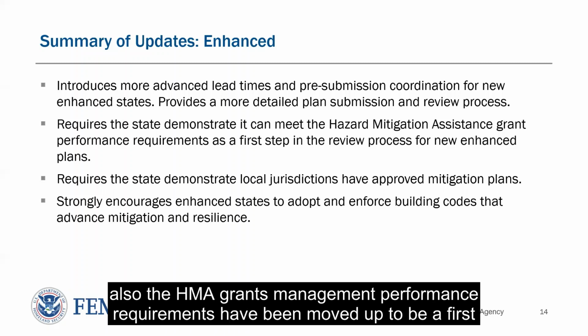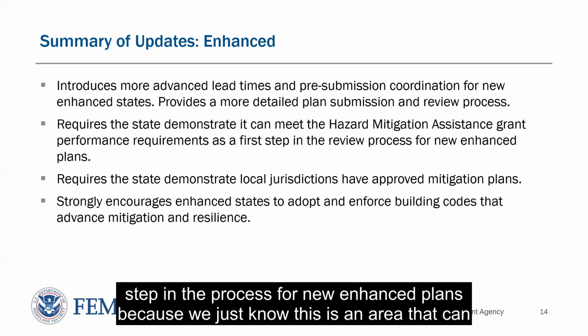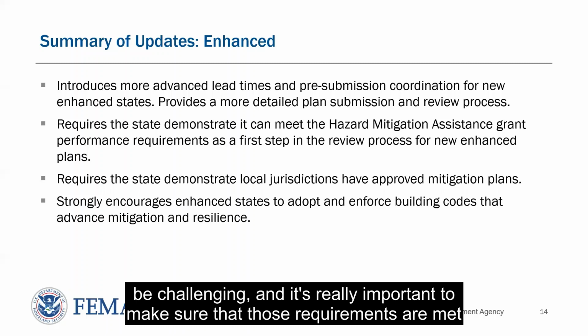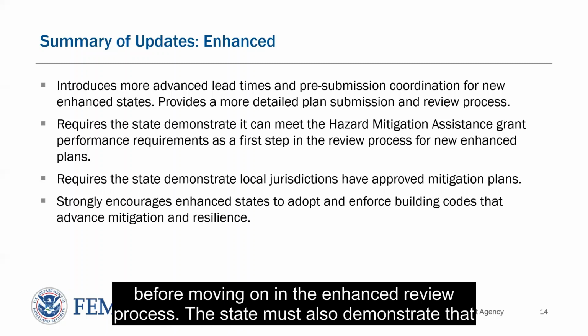Also, the HMA grants performance requirements have been moved up to be a first step in the process for new enhanced plans, because we know this is an area that can be challenging, and it's really important to make sure those requirements are met before moving on in the enhanced review process.